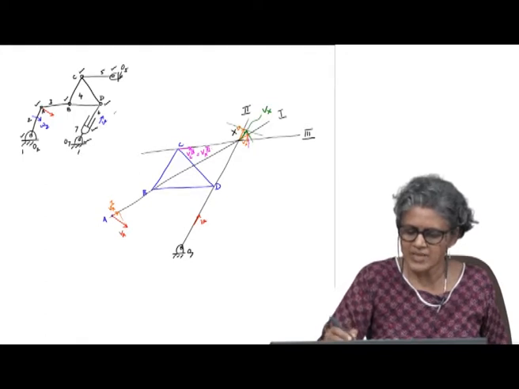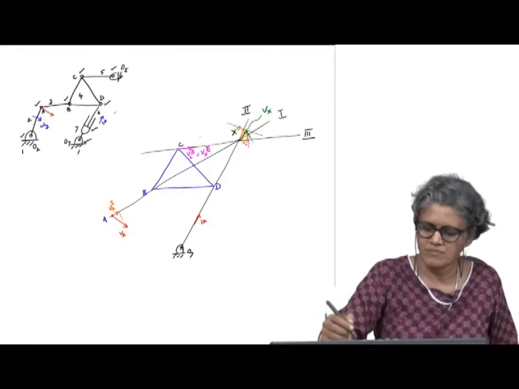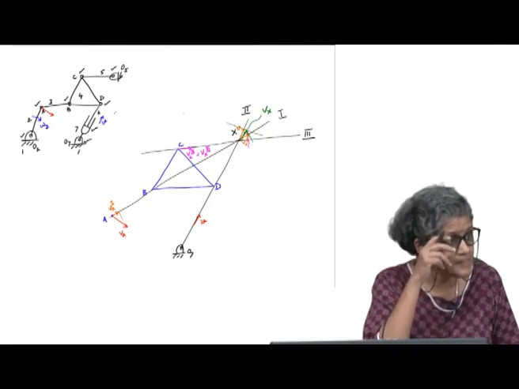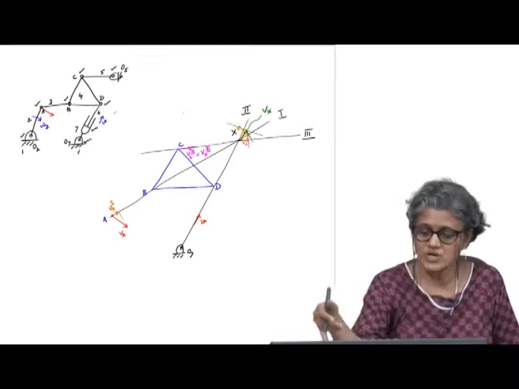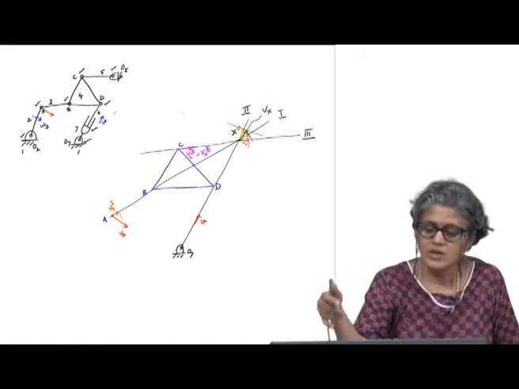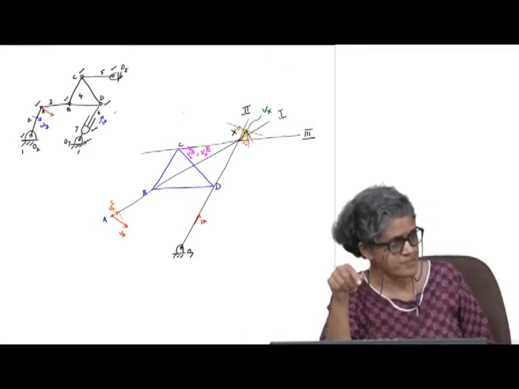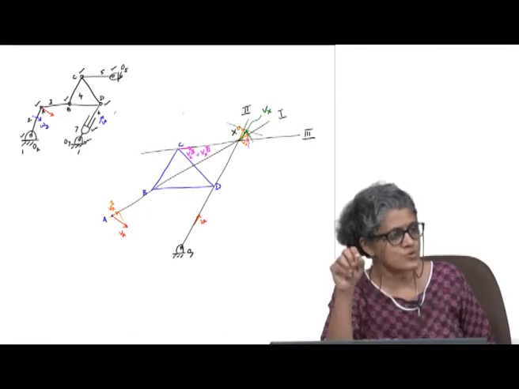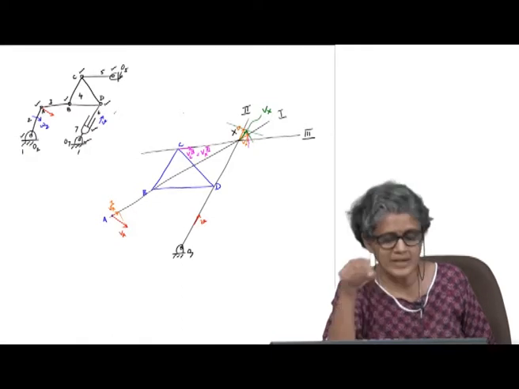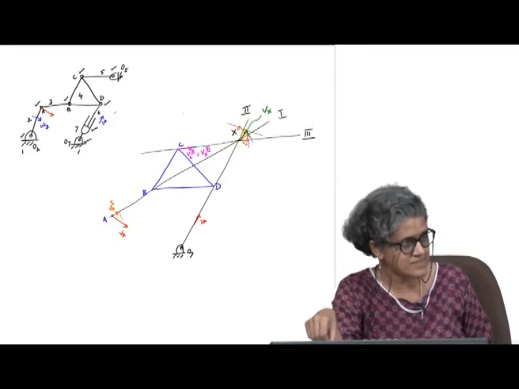How is this an auxiliary line? No, it is a point for which you know the velocity. You want to find two directions for the velocity of a point. Now, I know the velocity of point x.